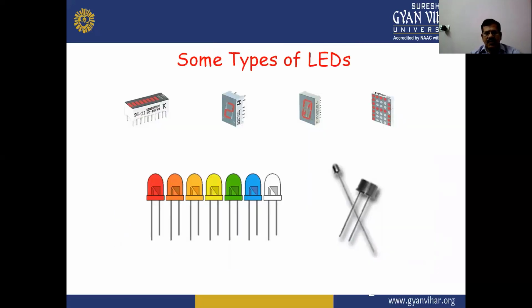Here are some types of LEDs, with pictures showing the different types of LED, and also a 7 segment LED, which is generally used in digital watches, and other LEDs which are generally used in electronic home appliances. So these are some types of light emitting diode pictures and photos.